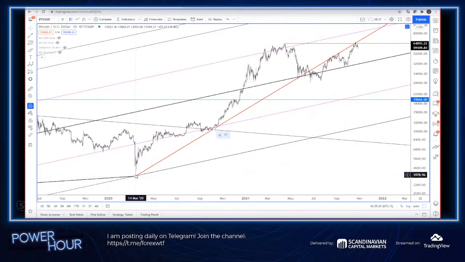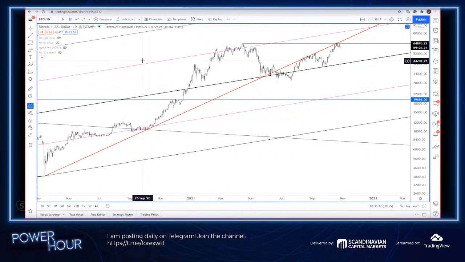Trend line back to March of 2020. Again, that's March 2020 all over the place. And holy crap, look at that. We went from under 4,000 at that time to over 65,000 here just a couple of days ago. It's a hell of a move.